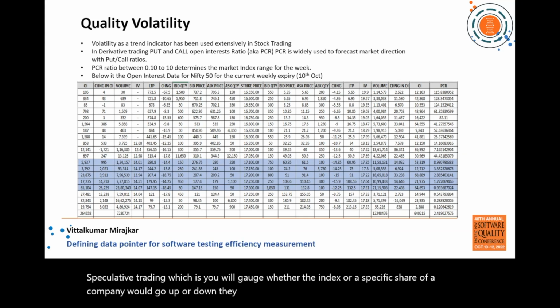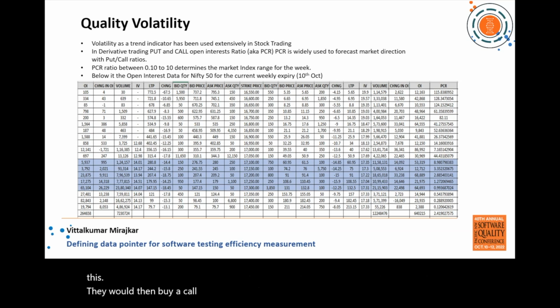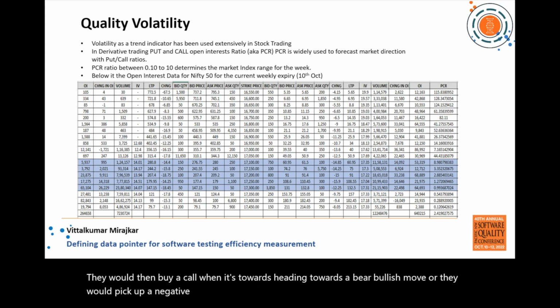They call it a bull run or a bearish move. Based on this, they would buy a call when heading towards a bullish move, or pick up a negative position when it's a bearish move.